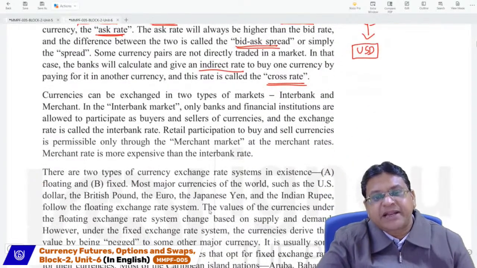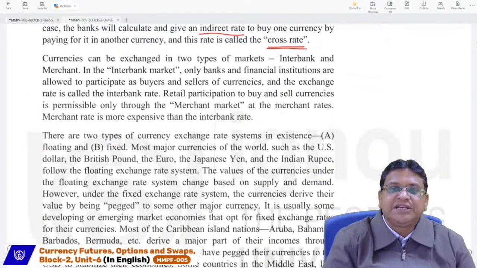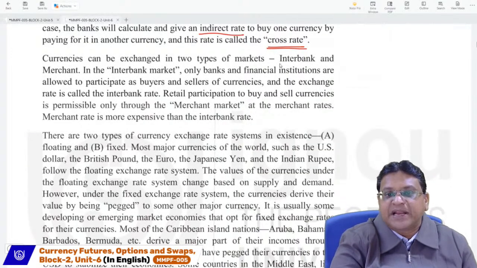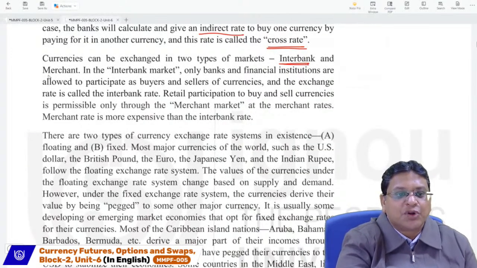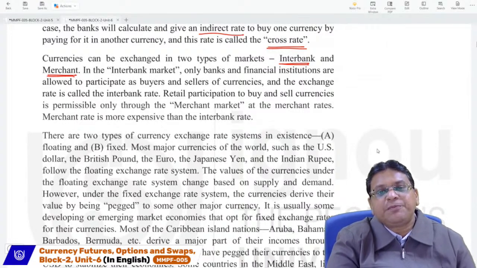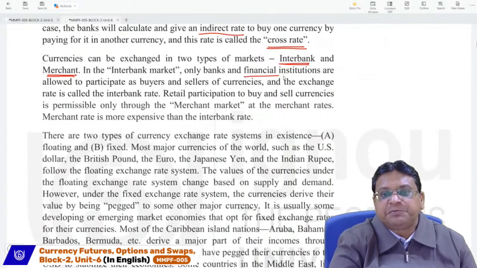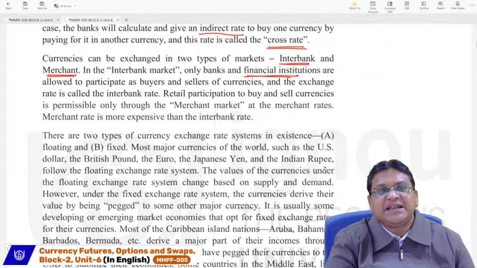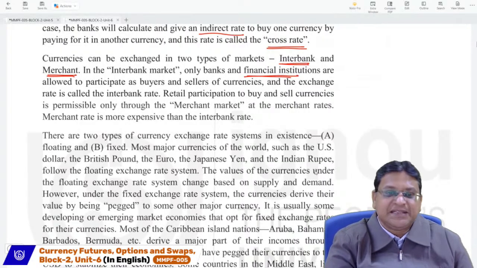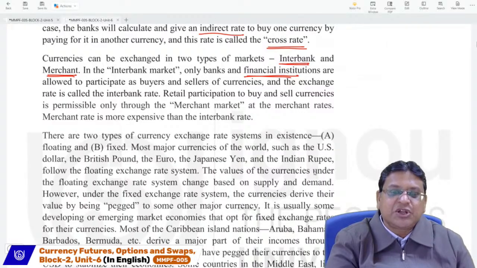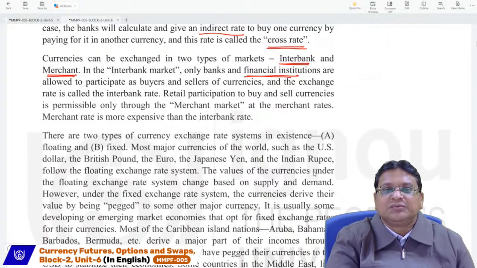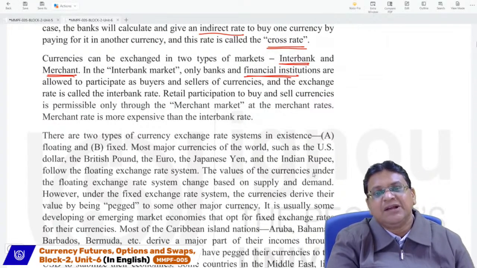The currency market may be of two types. One is known as interbank market, another is known as merchant market. What is interbank market? Interbank market is the wholesale market of currency. In this case, who are the players? Financial institutions are the players. They play in this interbank market, where different financial institutions buy and sell currencies between themselves.